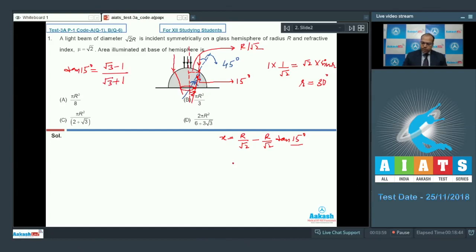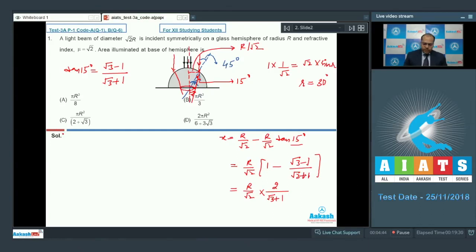If I substitute here, taking r by root 2 common, 1 minus root 3 minus 1 divided by root 3 plus 1. On solving this, it comes out to be r by root 2 into 2 divided by root 3 plus 1.